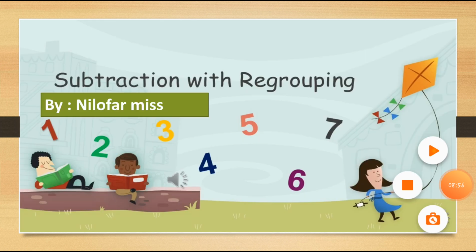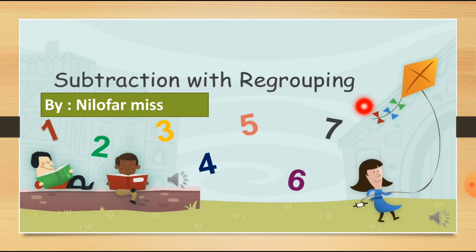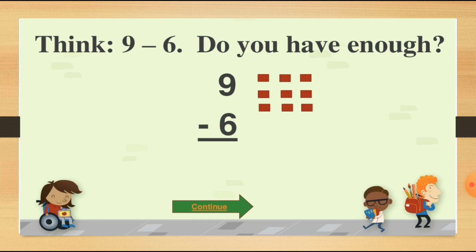Let's see, students. Here is today's topic, which is subtraction with regrouping. You can see the heading here. So what does it mean, how does it work in the sum? Let's start solving the sum first. So here is the 9 and 6. We have to cut the numbers as I show you. Here you can see the brown dots.